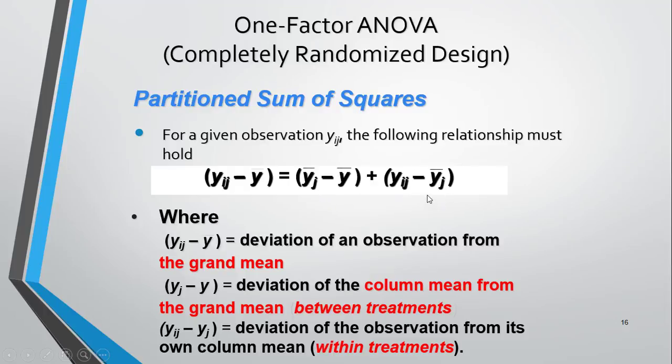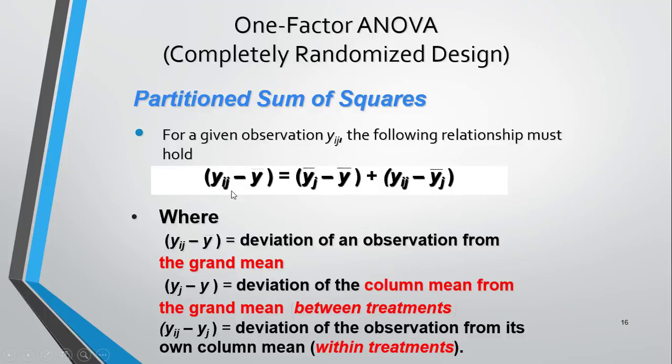And this one, Yij minus Yj bar, is the deviation of each observation from its own column mean, within the same treatment group. We call that within treatments.